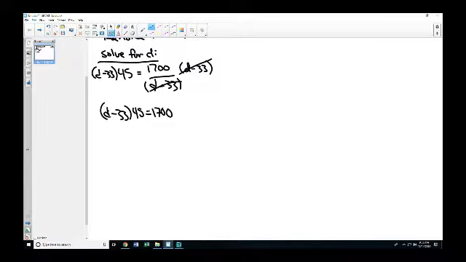Do you want to distribute? Fine. You don't have to. It adds a step, so you can divide by 45 straight from here. Just faster, easier. Those still cancel because we have divided and multiplied.